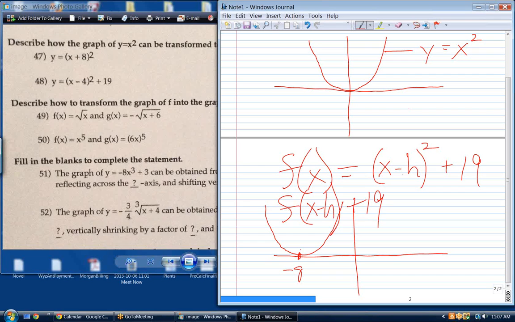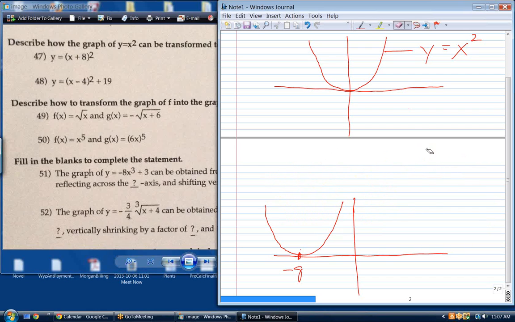The plus 19 does not figure into the f of x. It's merely added, and that is a vertical shift when that happens. So this one would be 4 to the right, up 19, somewhere up there.